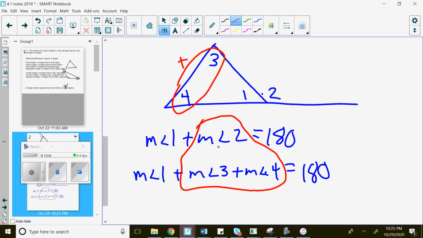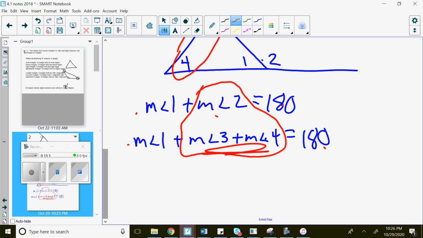The measure of angle 2 has to equal the measure of angle 3 plus the measure of angle 4 because they both pair with 1 to add to 180. So we want to write this down. It's called the exterior angle theorem. Write this down. Last thing we will write down in this video. Exterior angle theorem.